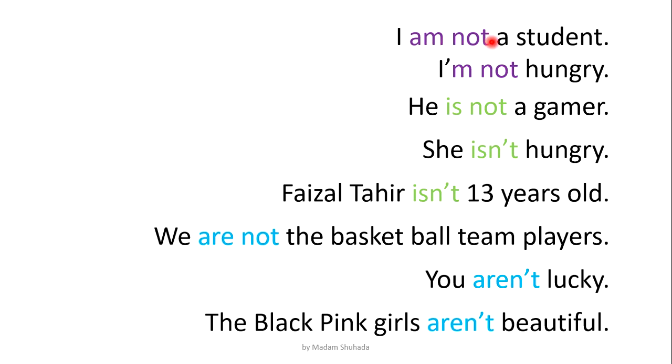I am not a student. I'm not hungry. He is not a gamer. She isn't hungry. Faisal Tahir isn't 13 years old. We are not the basketball team players. You aren't lucky. The Blackpink girls aren't beautiful.